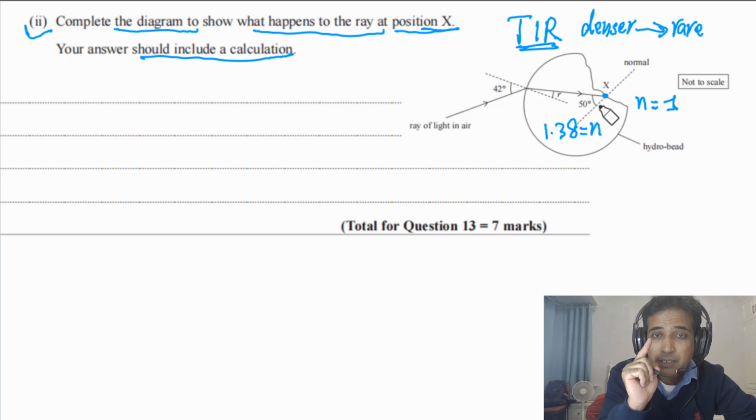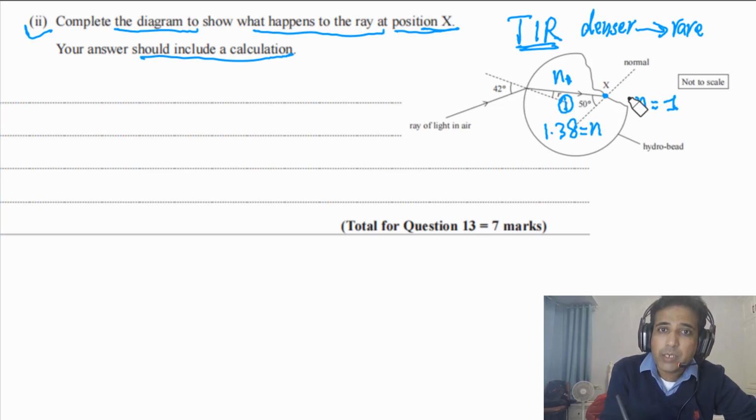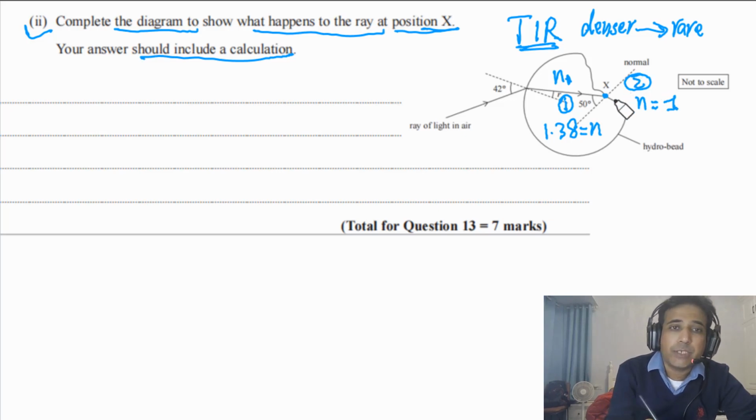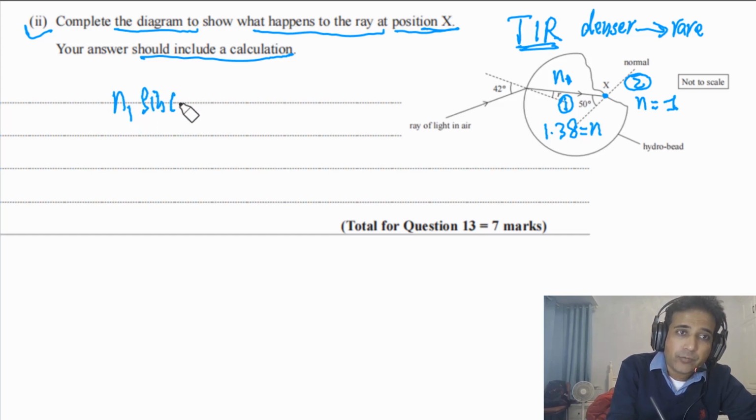Critical angle is an angle of incidence. So here we can say this is medium 1, and here is the second medium. We can use Snell's law. We write n1 sine theta 1 equals n2 sine theta 2.